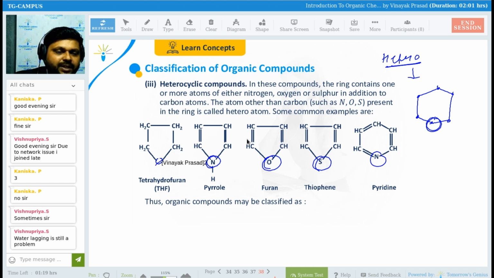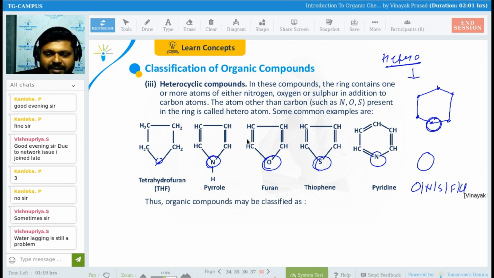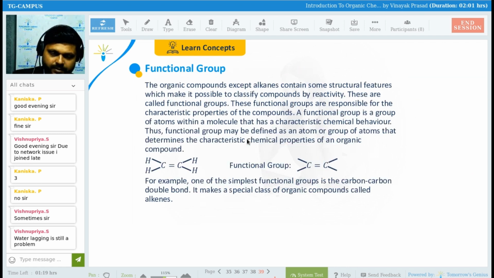If in any ring, apart from carbon and hydrogen, any atom is coming like oxygen, nitrogen, sulfur, or chlorine, then these are called heteroatoms, and the compound will be called a heterocyclic compound. Is it okay? Everyone, any doubt till here? No? Okay, fine.